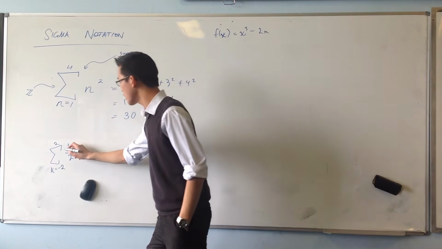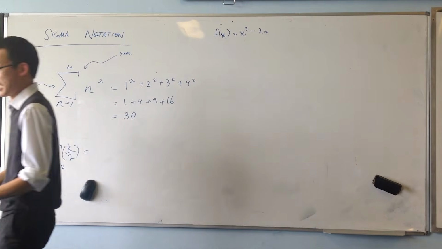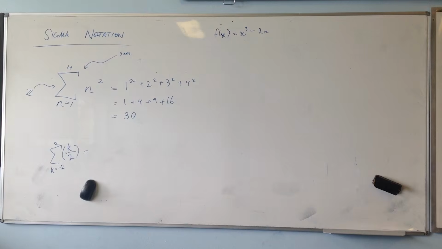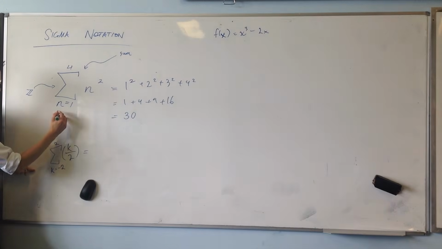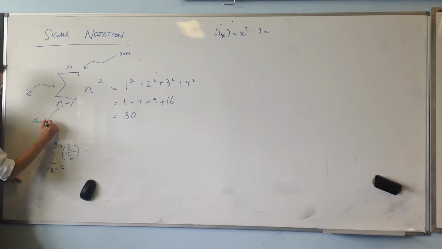Now, strictly speaking, this n and this k, if you want to write it down, it's really just a point of curiosity. It's called a dummy variable.